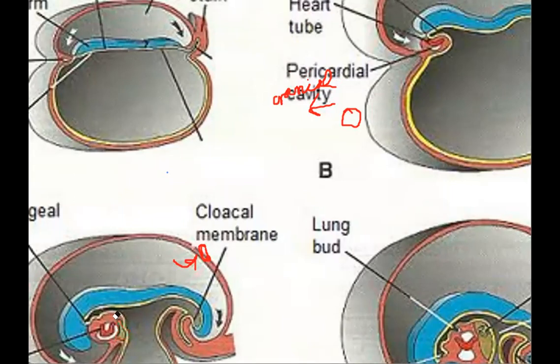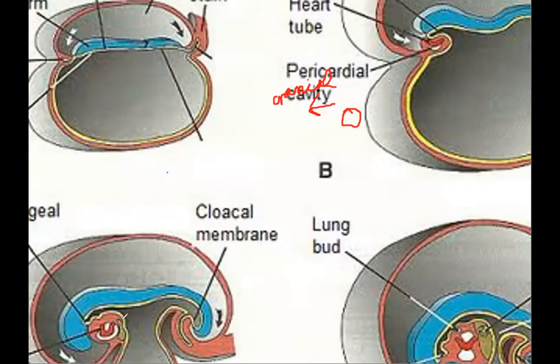So this structure is basically the membrane of the diaphragm, the pleuroperitoneal membrane of the diaphragm in the central tendon region. Okay, that is totally adhered to the heart. If you know the adult anatomy, you will identify that this is that structure.